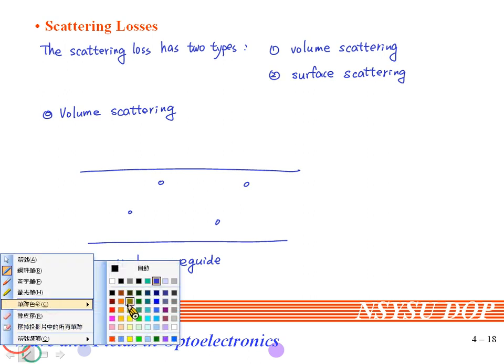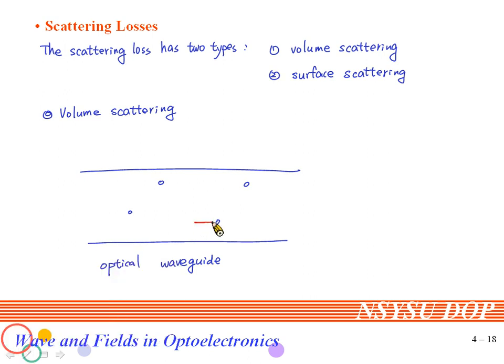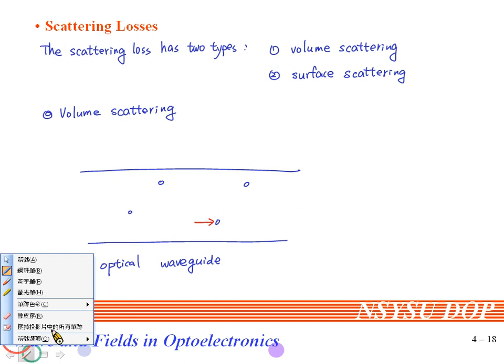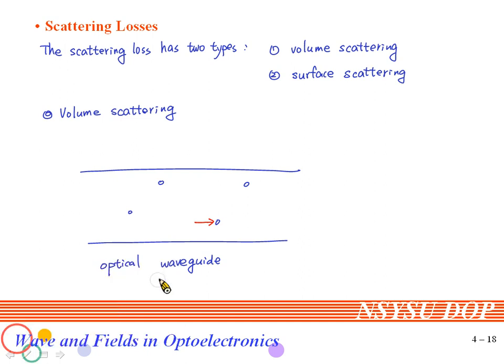As the wave propagates along the waveguide and hits the scattering center, then some of the energy will be scattered out, and then they cannot reach the end of the waveguide, which will induce the waveguide loss. Such kind of waveguide loss, we call it volume scattering. And these points, we call it scattering center.